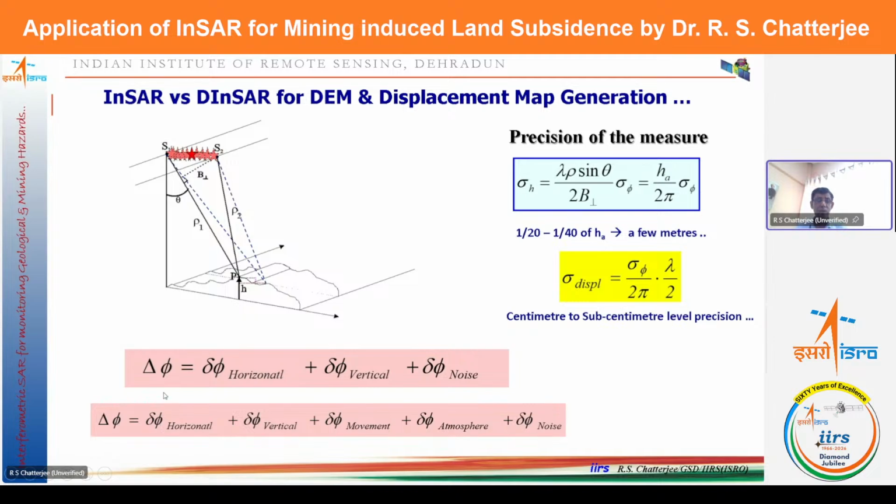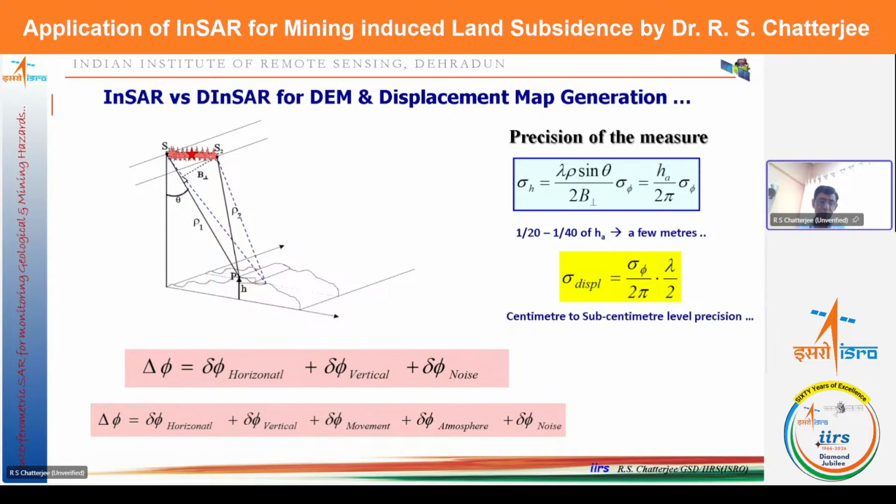In the other case, let us assume some land surface displacement happens, maybe due to earthquake, landslide, volcano, land subsidence, anything. Now you have one image on day 1, another image on day 2.